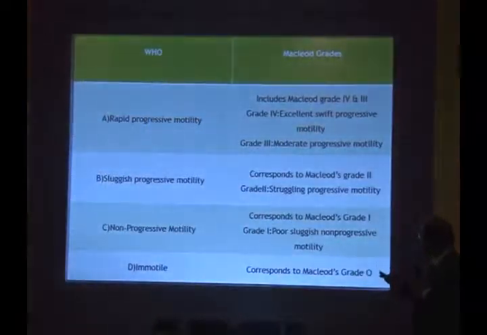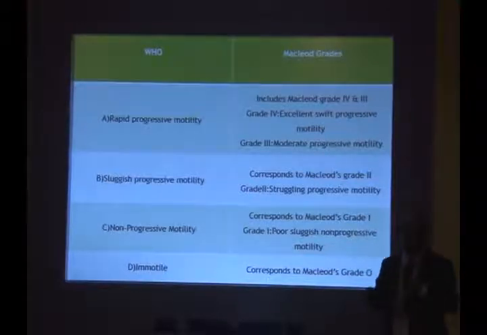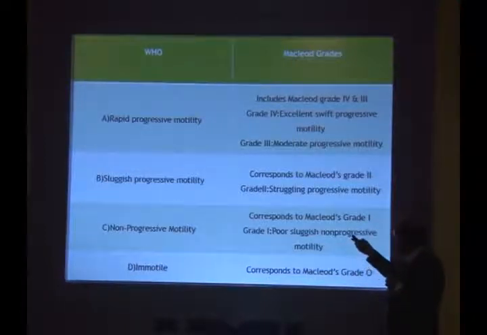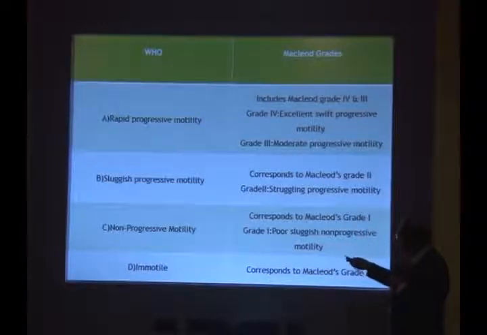Okay, now somebody was asking me about ABCD, what has happened in the 2010 manual, what are the grades and what is ABCD. Now till 2010, rapid progressive and sluggish progressive both were classified separately, and A was rapid progressive, B sluggish progressive, C non-progressive, D immotile.